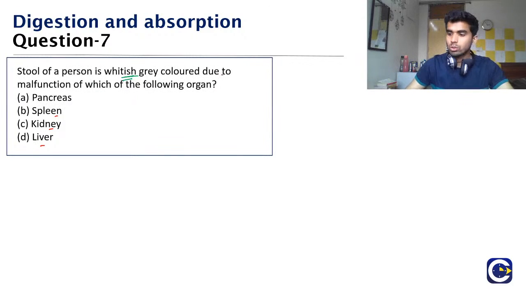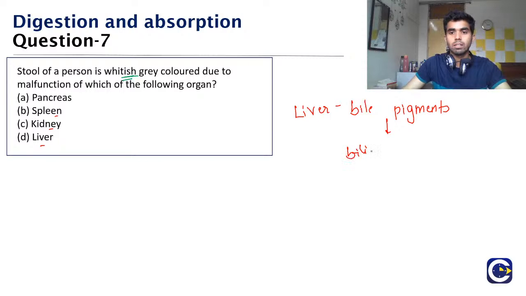So what happens is that in the liver, bile pigments are secreted. And what are the bile pigments? They are bilirubin, it is only bilirubin. This bilirubin is then released into the intestine, and from the intestine this bilirubin is excreted out.